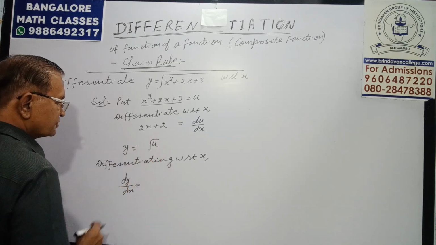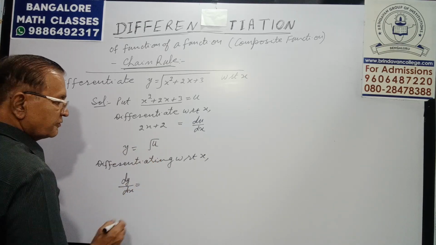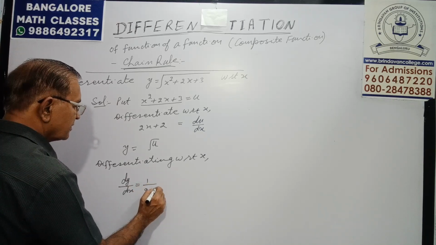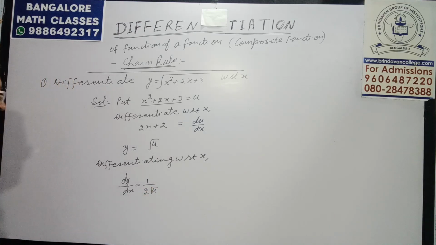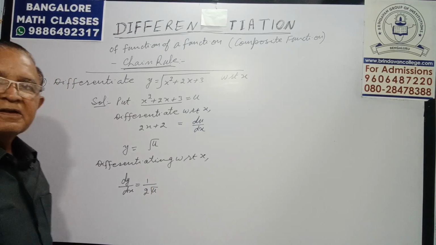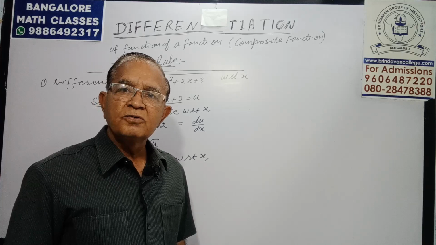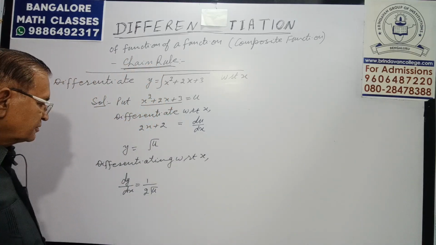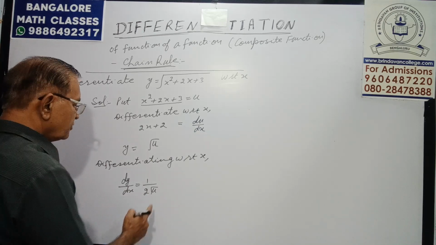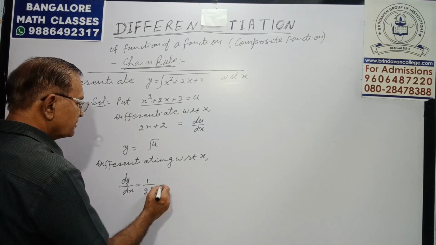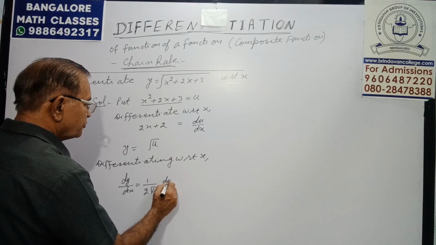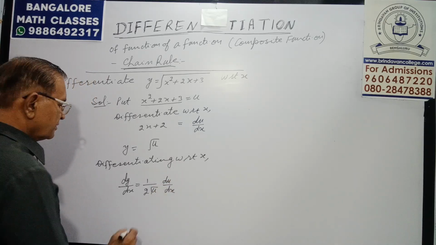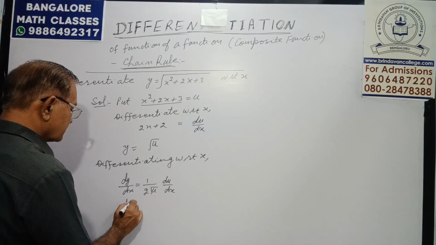It's like root x. We know the identity: the differential of root x is 1 by 2 root x. Here it is root u, so 1 by 2 root u. Because it is u, and we are differentiating with respect to x, we have to put du by dx.